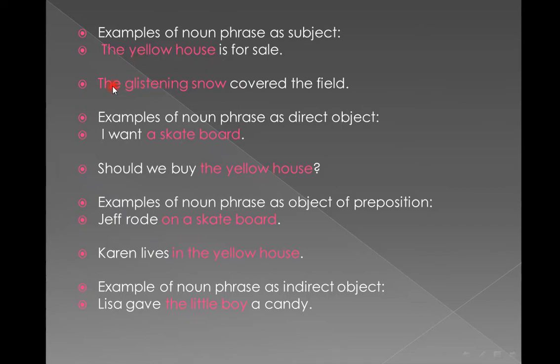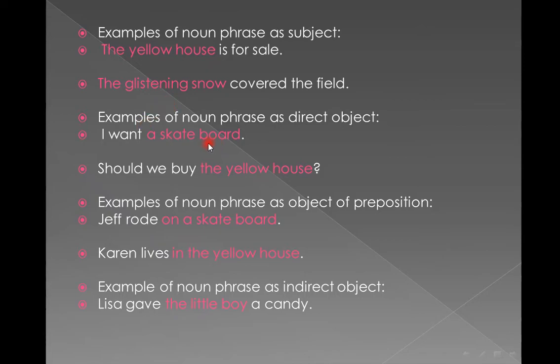As well, we have another example: the glistening snow covered the field. So we have now a noun phrase here, not the snow itself, but another word that modifies it and explains it more.